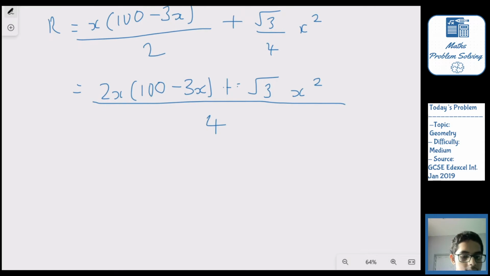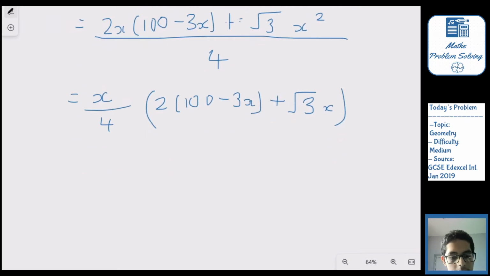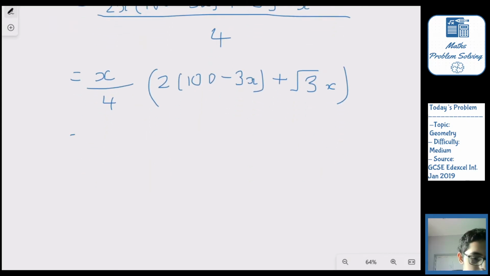And now we can factorize x. So we have x divided by 4, and we just need to be careful at this stage of working. So we have 2 times 100 minus 3x plus the square root of 3 times x. Now let's work through this a bit more.